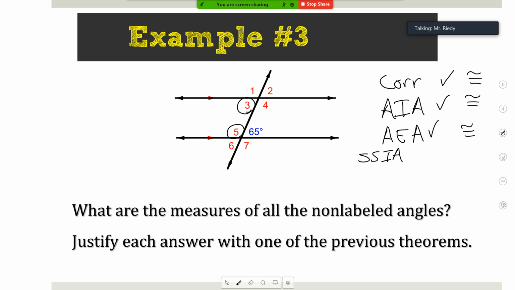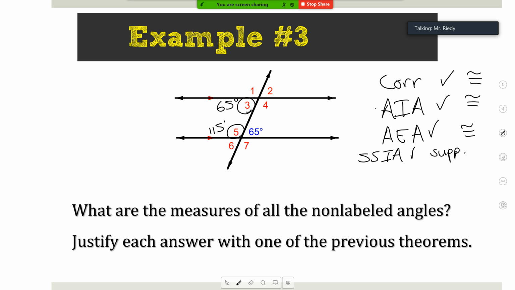Okay. So let's work that out then. How big is angle 3? 115. No, it's alternate to 65, so 65. How big is angle 5? Oh, that's 115. So what's the relationship between 3 and 5? Supplementary.